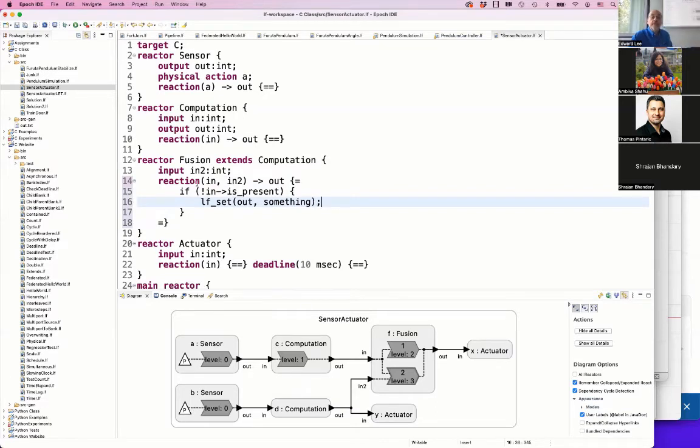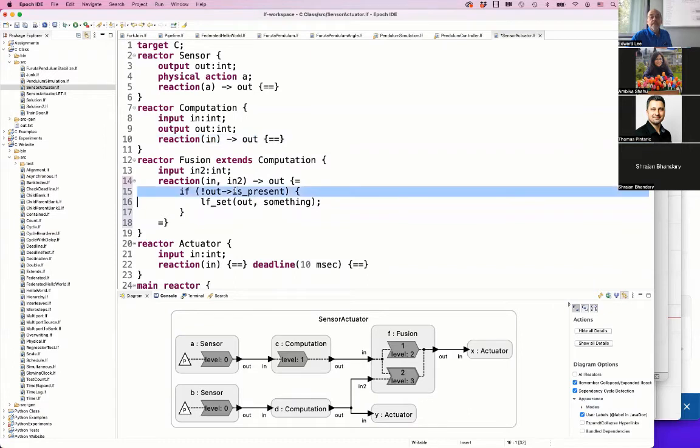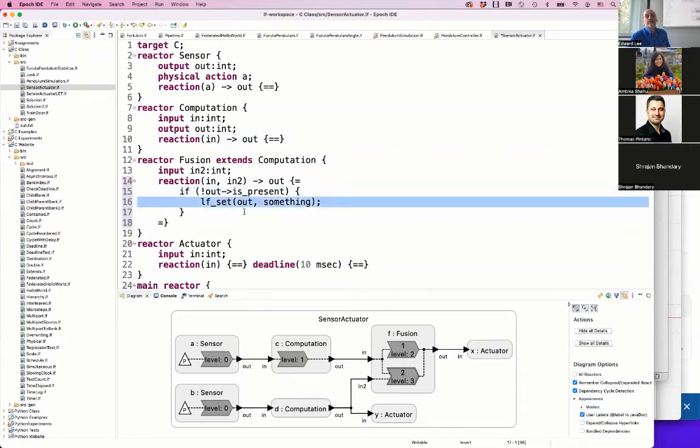Okay, and so this explicitly will write to the output only if this reaction did not write to the output. You can also directly test the output. Okay, if this reaction had set the output, then you leave it alone. Otherwise, you override it. I mean, you write to it.